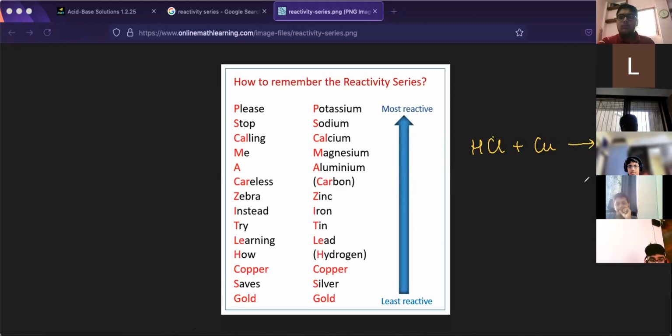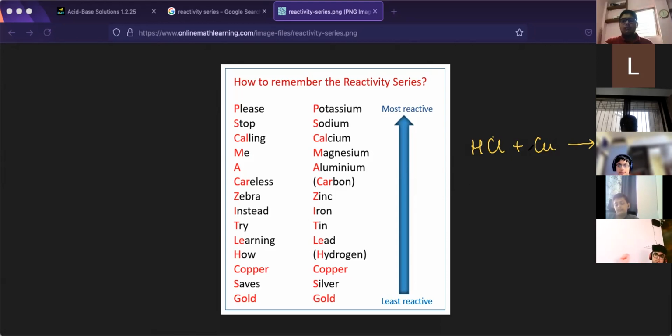Three people said no reaction. Aditya also says no reaction. Dhruv, Divya, Elena. No reaction. Oh, very nice. Ma'am, because hydrogen is more reactive than copper, so it will not displace.